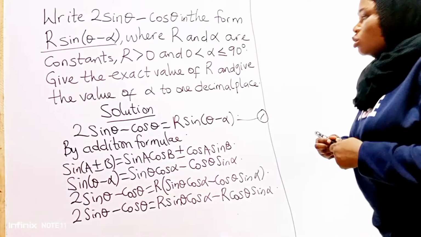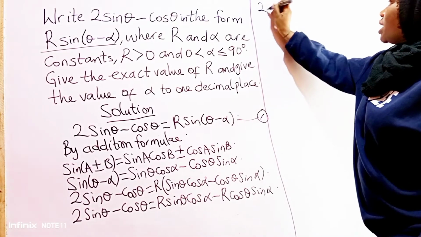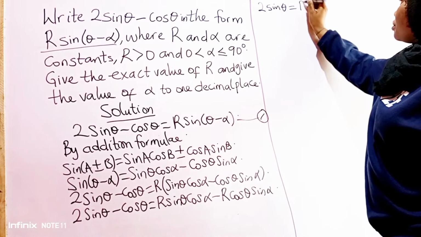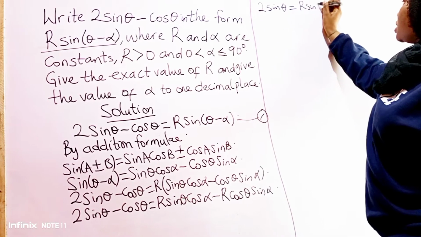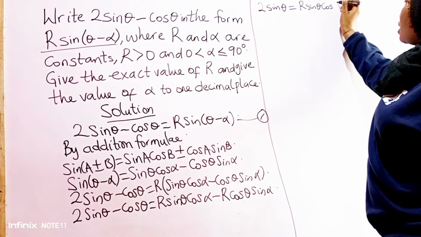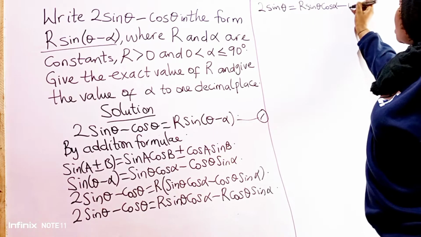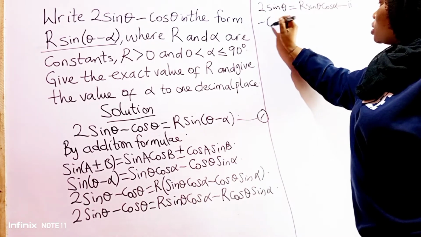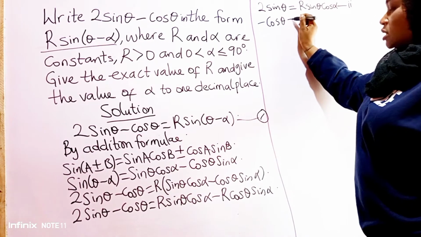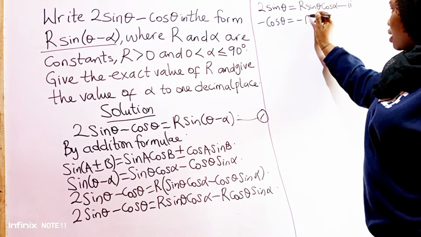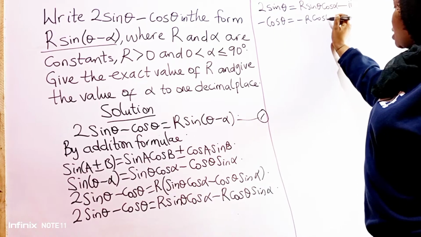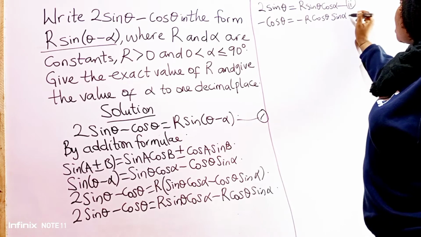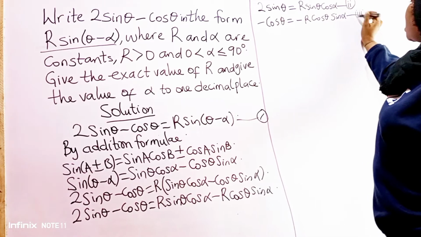So we have 2 sin θ equal to r sin θ cos α; let's name this equation 2. Also, minus cos θ is equal to minus r cos θ sin α; name this equation 3.